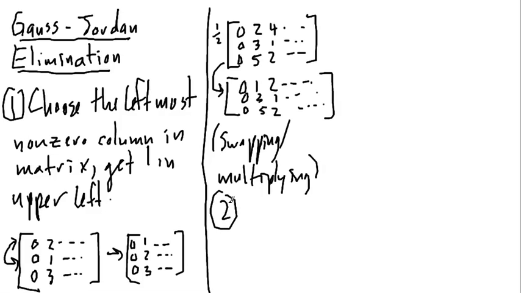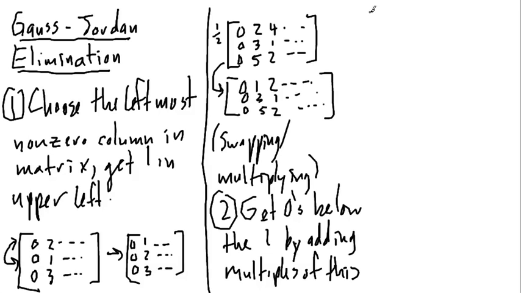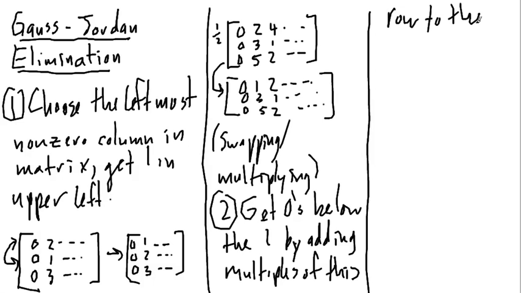Now the second step is to get zeros below the 1 that we just placed. We do this by adding multiples of this row to the rows below.